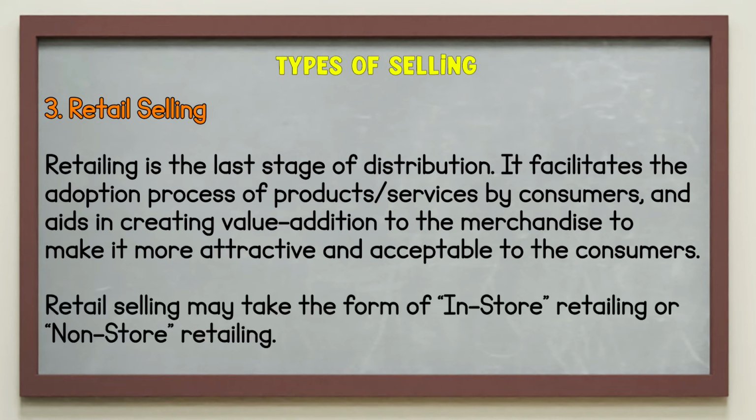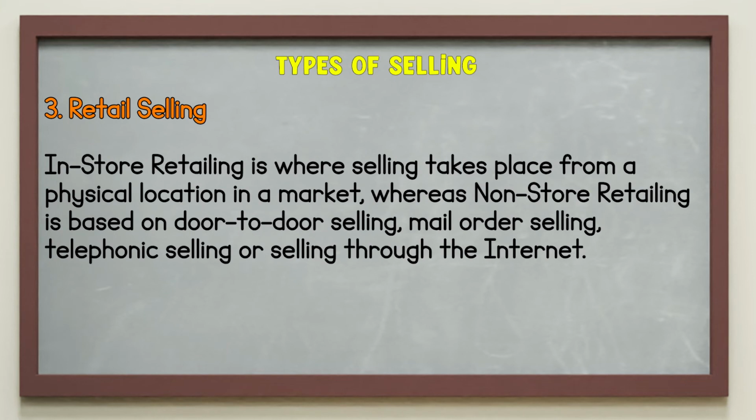Retail selling may take the form of in-store retailing or non-store retailing. In-store retailing: selling takes place from a physical location in a market, whereas non-store retailing is based on door-to-door selling, mail order selling, telephonic selling, and selling through the internet.